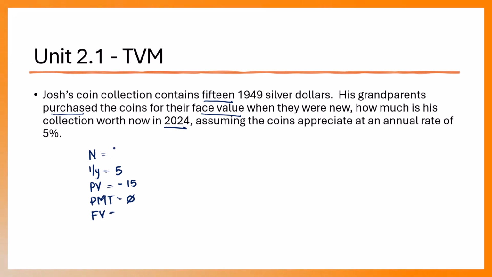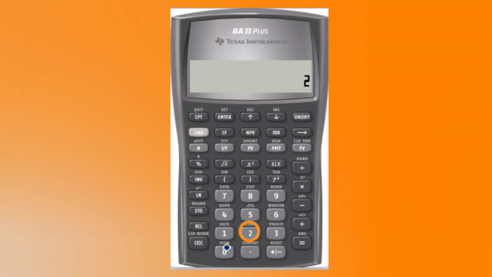The number of periods will take the difference between 2024 and 1949, and we will compute the future value. 2024 minus 1949 is 75 years. We'll go ahead and plug that in for N. 5 is my I/Y.